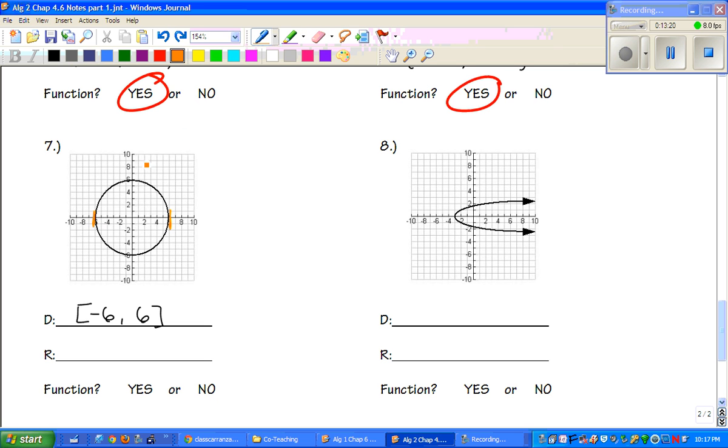And now the same with the y's, okay, with the range from +6 to -6. Okay. Now, is this a function? Let's find out. Do a vertical line test. How many times did it cross? 1, 2. Nope. Can't do that. It can only cross once.